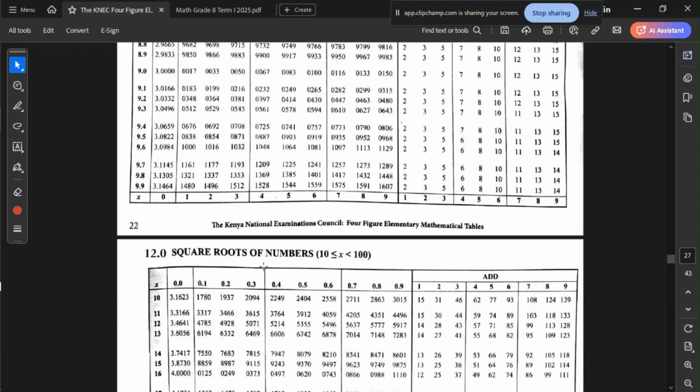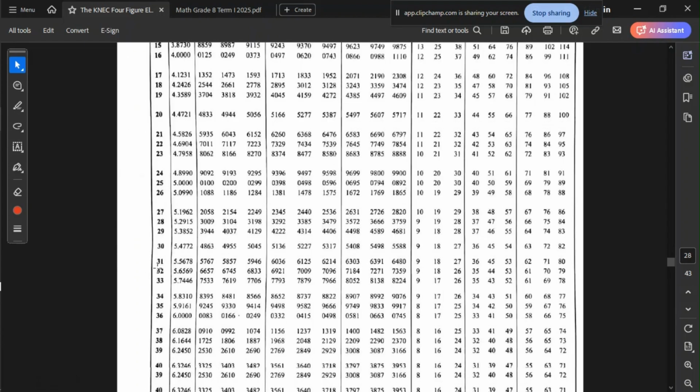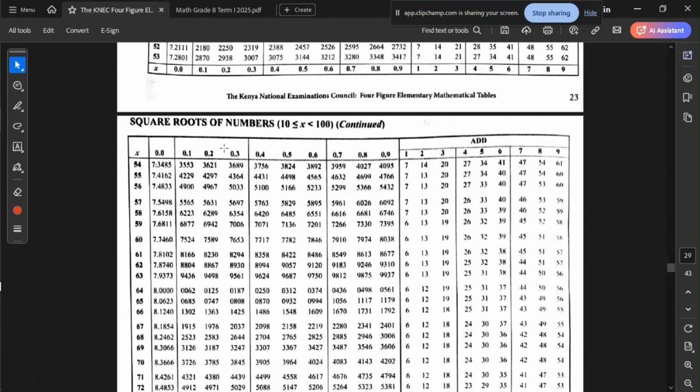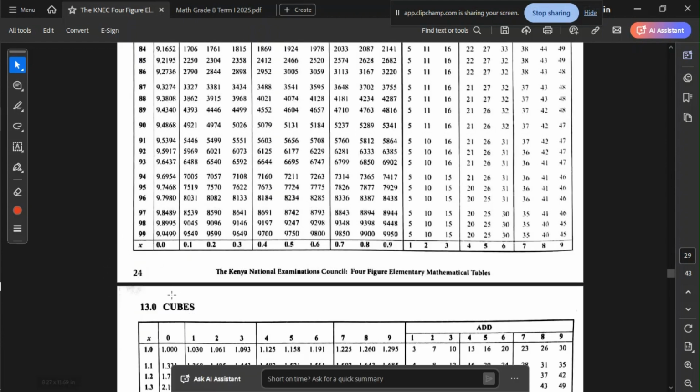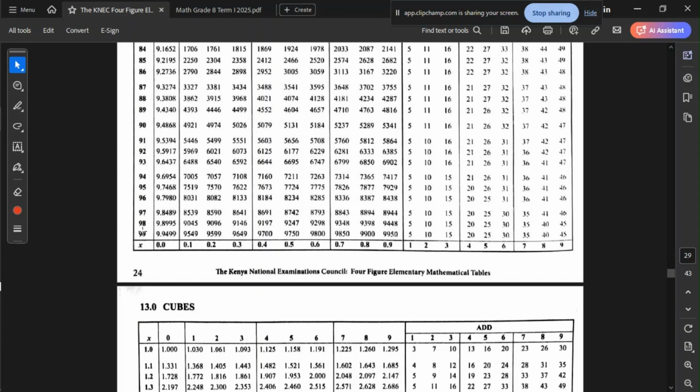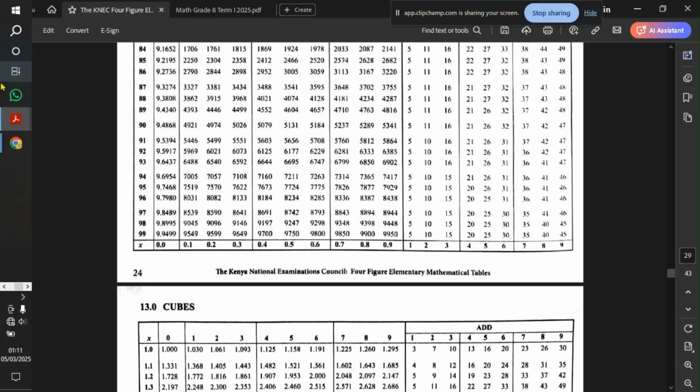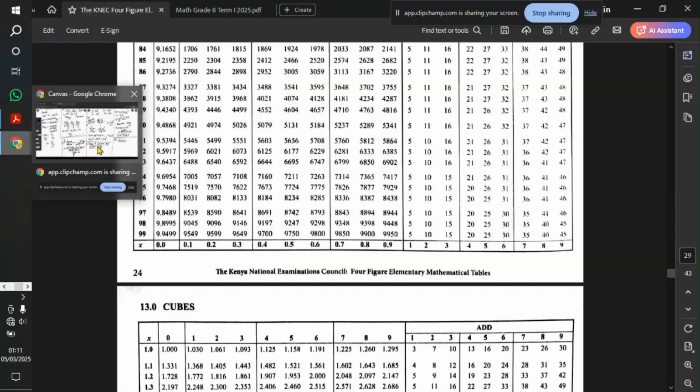Then we have another table that begins from 10 up to 99. The next one is cubes. So the largest number is 99. All right, so I'll come here and check.